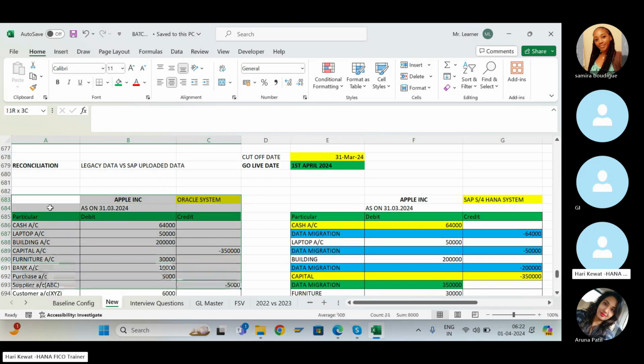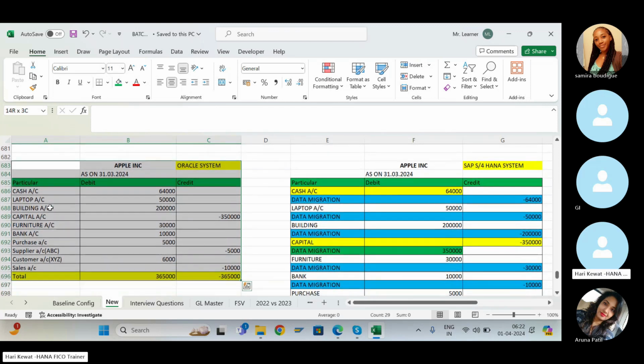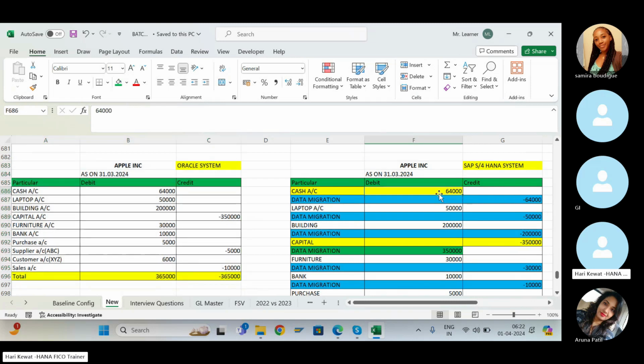This trial balance you have to upload into the SAP S4 HANA system. Without uploading this trial balance of the Oracle system into the SAP system, you should never post any document. Make sure that whatever trial balance is given in the Oracle system has to be loaded into the SAP S4 HANA system.